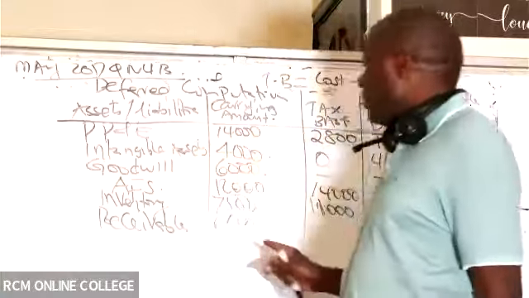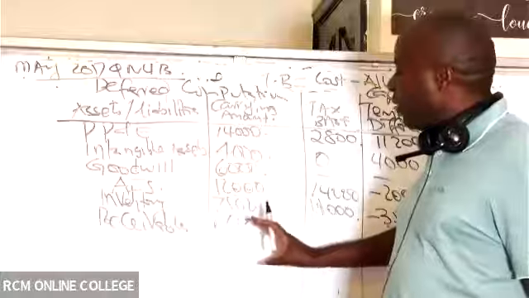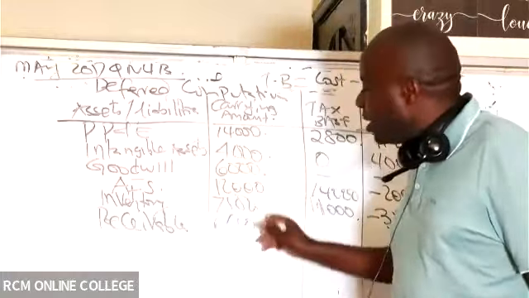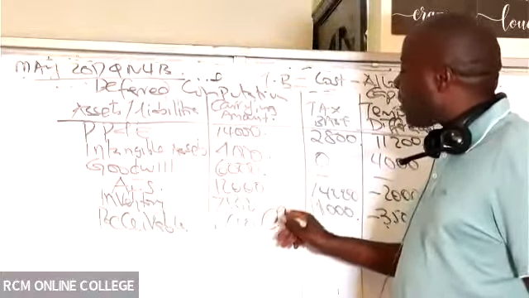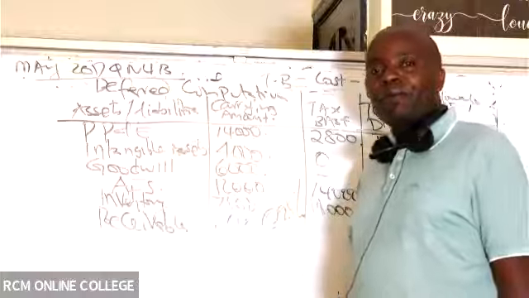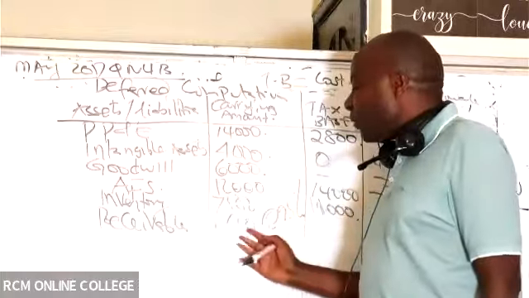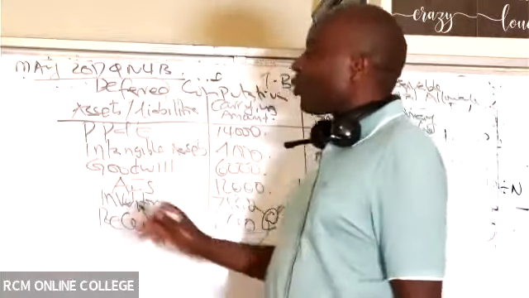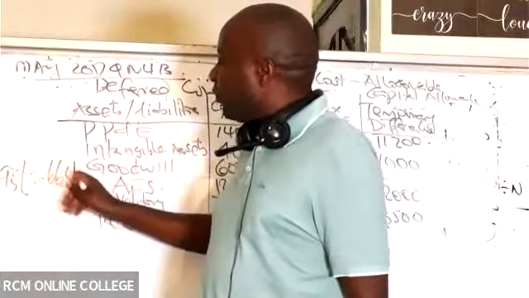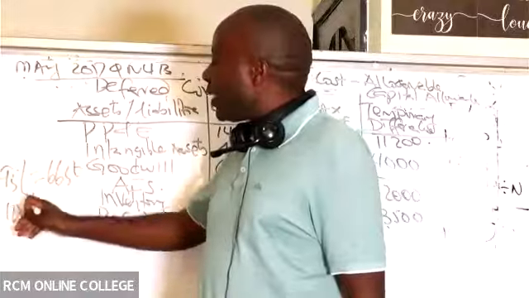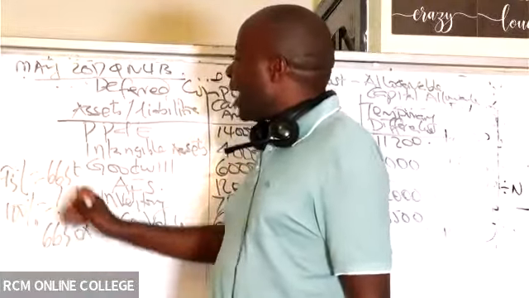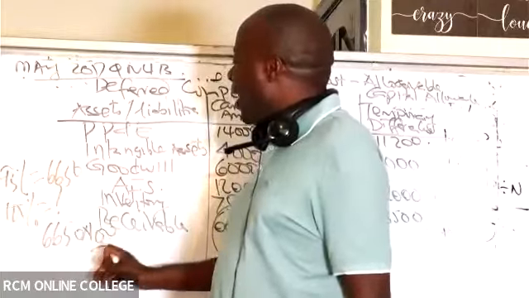So what does that mean? It means that they have already deducted 5% out of whatever figure, so this figure is at 95%. The taxman wants it at 100%. So you're saying if 95% equals 6650, how about 100%? It will be 6650 times 100 over 95.